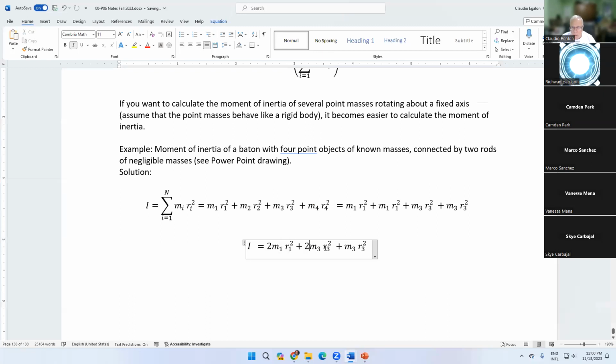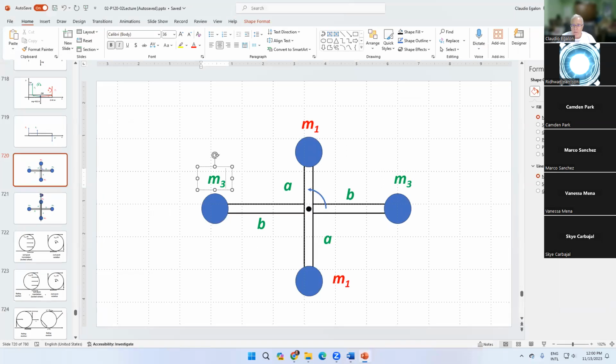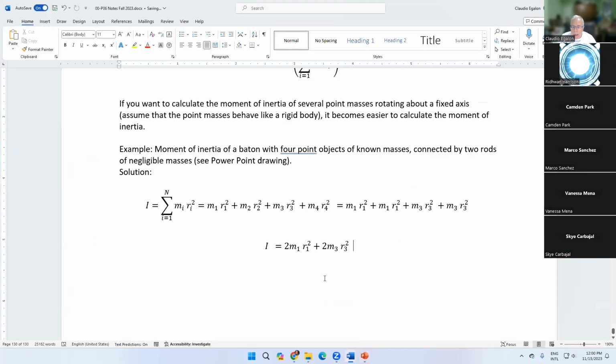That's the moment of inertia. And here R1 is A, R3 is going to be B, just like in the drawing.